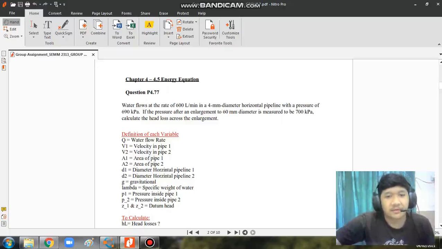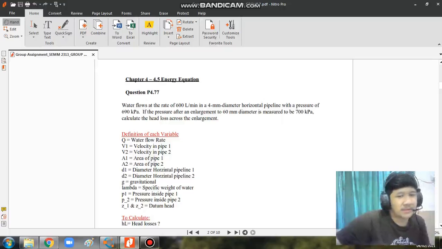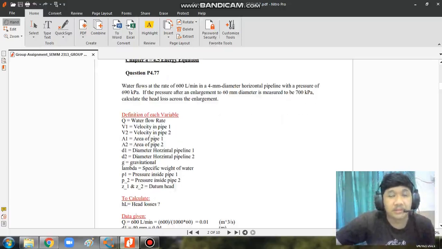If the pressure after an enlargement to 60 millimeters diameter is measured to be 700 kilopascal, calculate the head loss across the enlargement. So in this question, the idea is how to calculate the head loss from the given data.